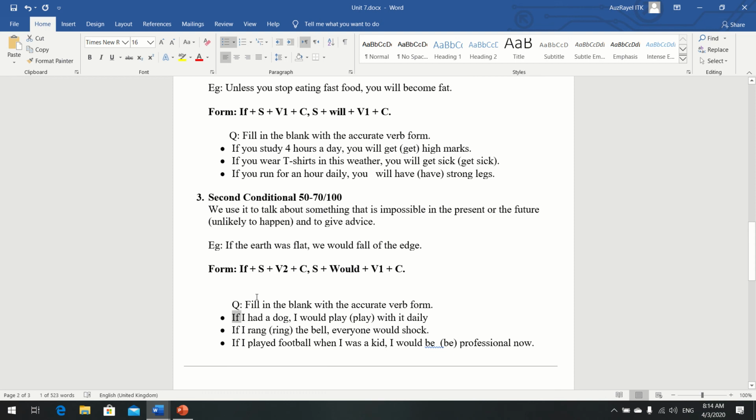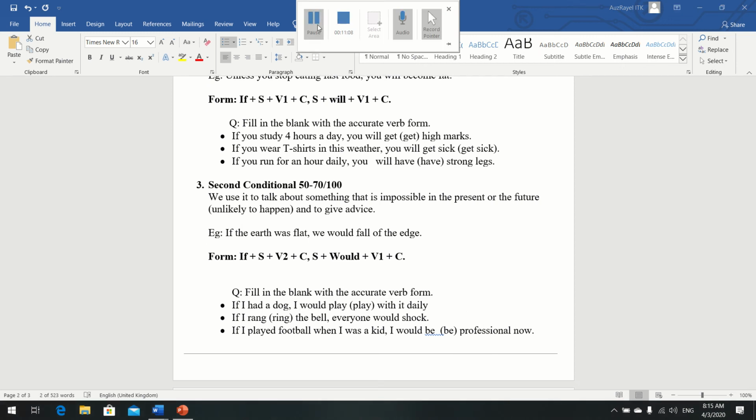Okay, so from this verb I understand that this is the second conditional and I need to use would play at the second part of the sentence. Okay, so look at the first clause in order to know the answer of the second, and vice versa. You can know the answer of the first clause while looking at the second clause.